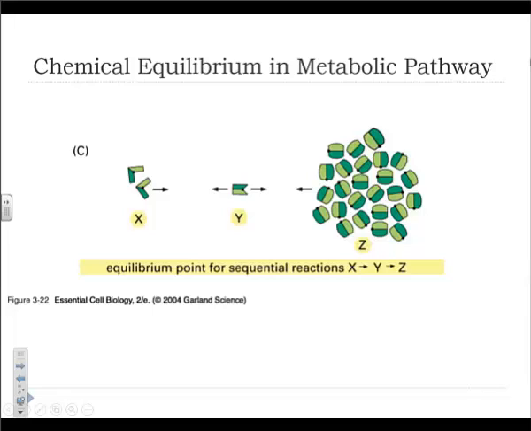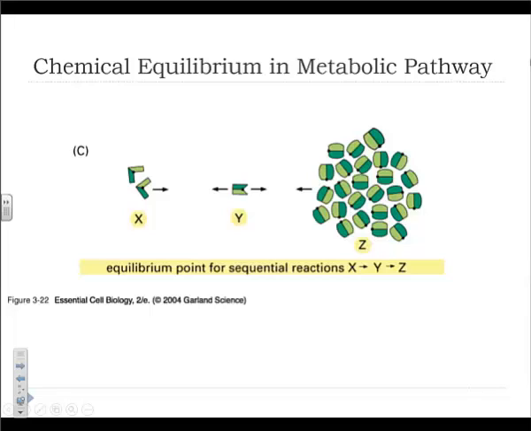while equilibrium will be reached between two molecules, the pathway is completed by linking or coupling reactions that are enzymatically catalyzed.